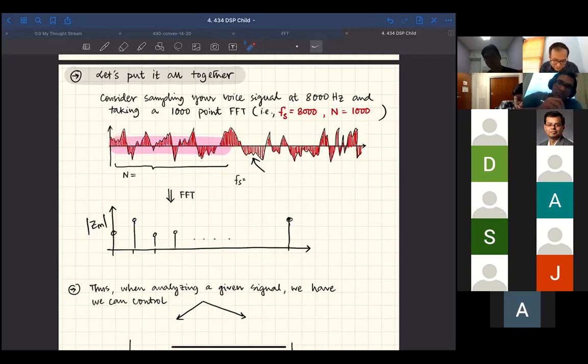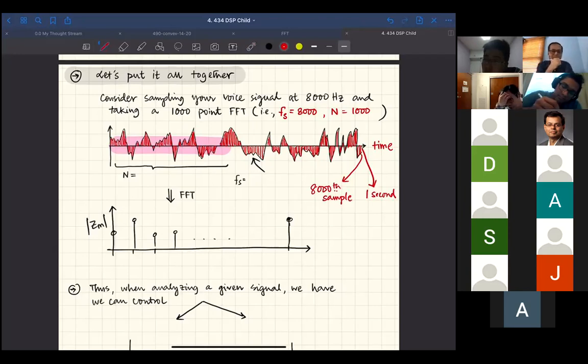Imagine that the red vertical lines that I've drawn are the samples, and imagine this is the 8,000th sample. That means this whole thing is 1 second.